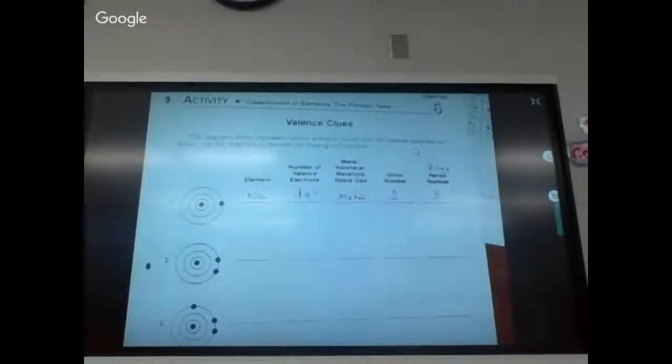Okay, number 5. How many electrons you got? Right, 5. 3 electrons. Every ring you got? Now find your 5 electrons and your 3.